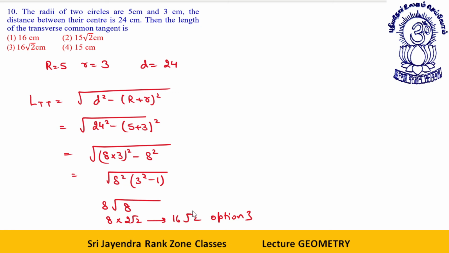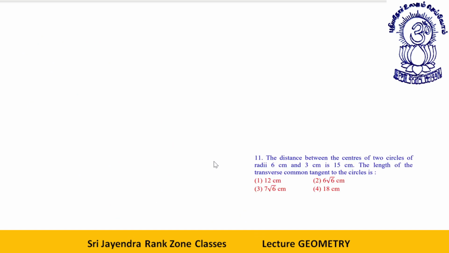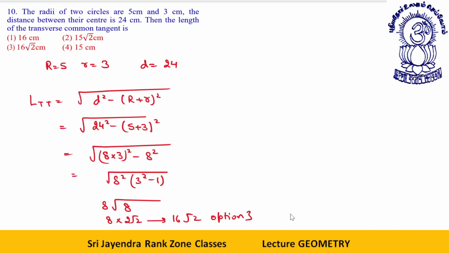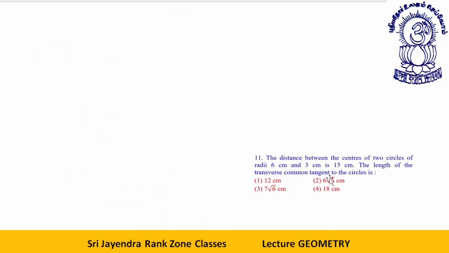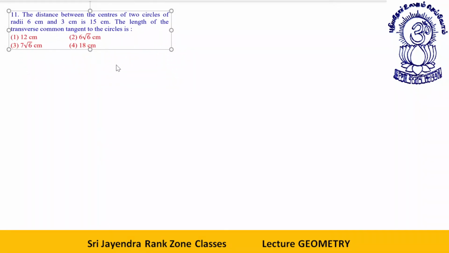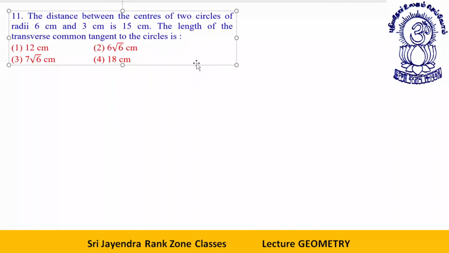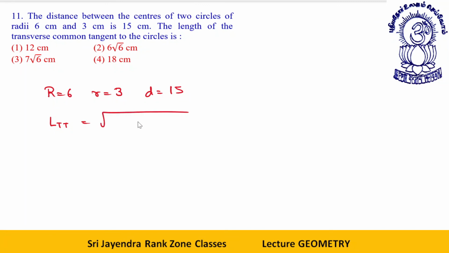Okay, dear students, let's move ahead. You can have a look over it. The distance between the centers of the two circles, 6, 3. D is equal to 15. Length of transverse common tangent, square root of D square minus (R plus r) square.